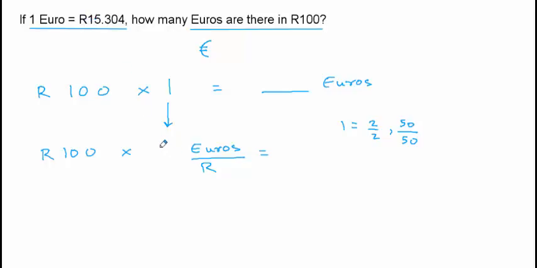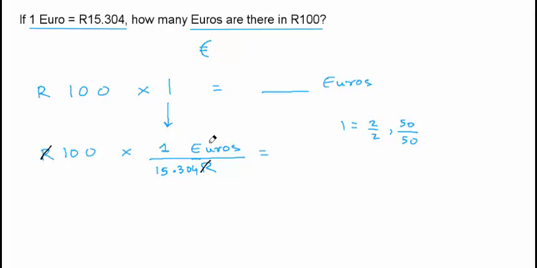So I will write 1 euro on the top and 15.304 rand on the bottom. After all, the numerator and the denominator of this fraction are exactly equal. It's given. And the good thing is, the rand from the bottom cancels off with the rand from the top.